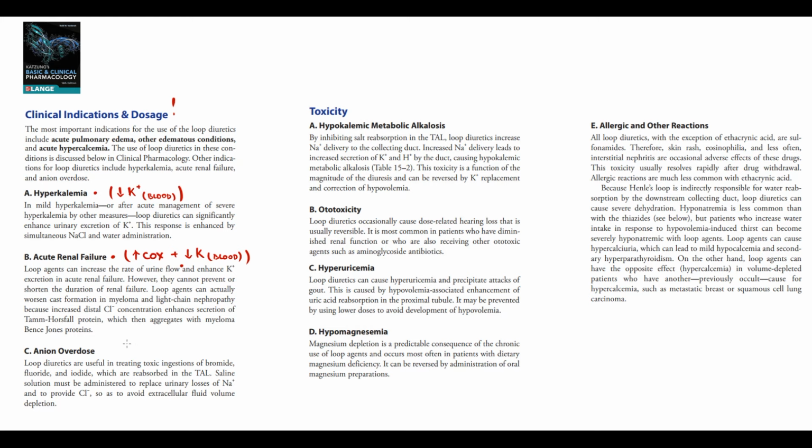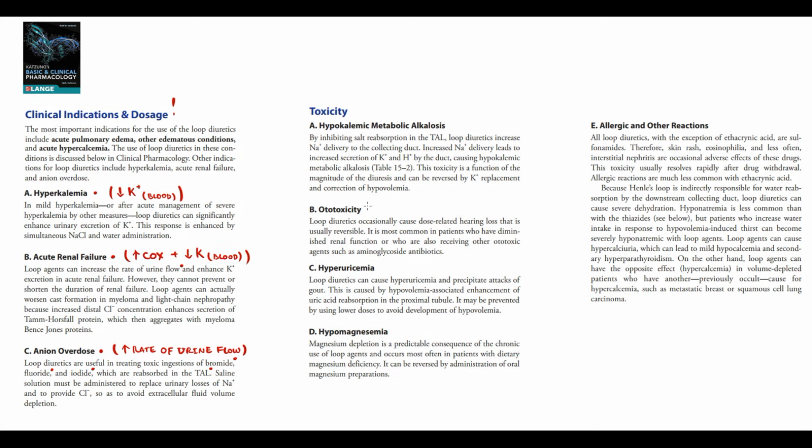Also, we can use loop diuretics in case of anion overdose, which is really helpful in treatment of intoxications by bromide, fluoride, or iodine. Loop diuretics inhibit the reabsorption of anions directly, and in addition to this, loop diuretics increase the rate of urine flow, which decreases the time for absorption, so it's sort of indirect effect.